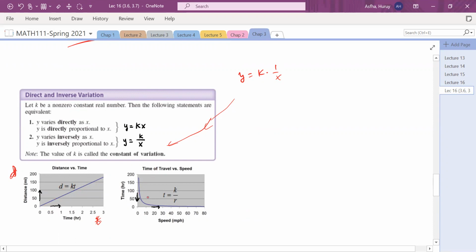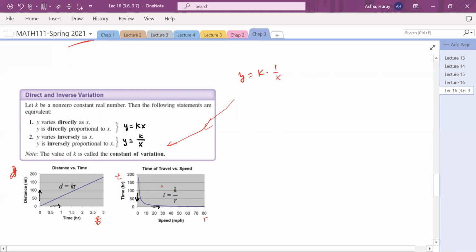And here we have inverse relationship. As x increases, when we go to the right, x is increasing, right? But y is decreasing. In this case, this is r, this is t. So as r increases, as it goes from 0 to 10 to 20 to 30 and so on, the value of t is going down, decreasing and decreasing.